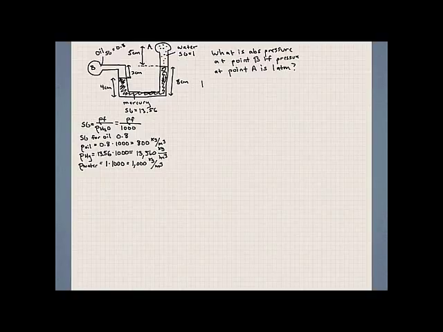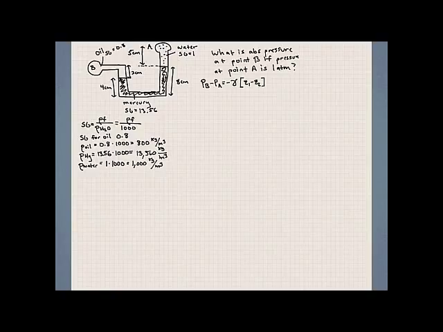So I'm going to write it out here, and let me go ahead and select PB as the first pressure that we start with. So PB minus PA equals minus gamma times Z1 minus Z2.